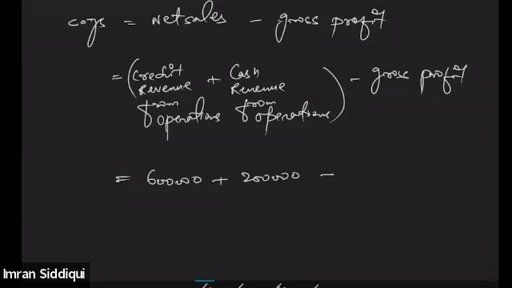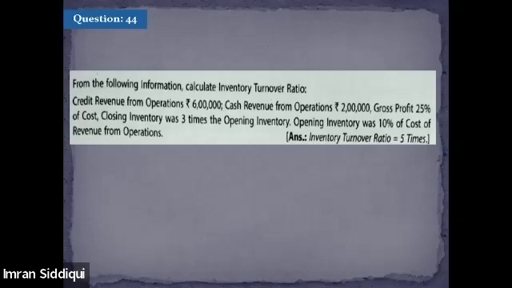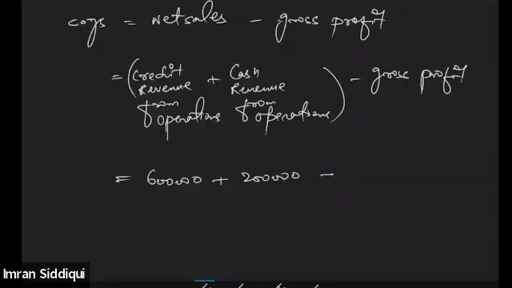All right. And gross profit is 25% of cost. So the thing is that we have no information about the cost in the question. So you can presume that the cost means cost of goods sold, everyone. Cost is cost of goods sold.